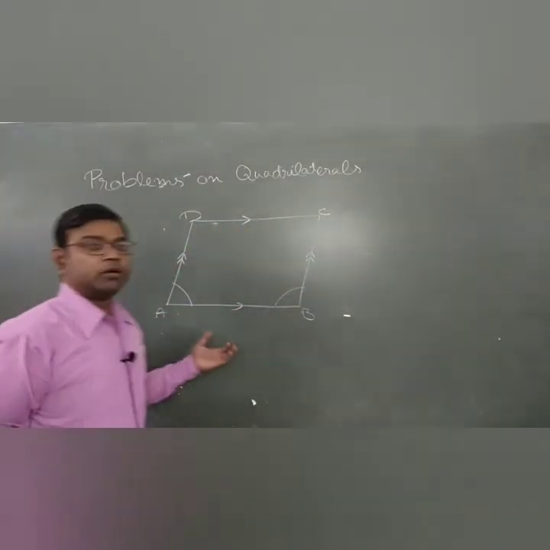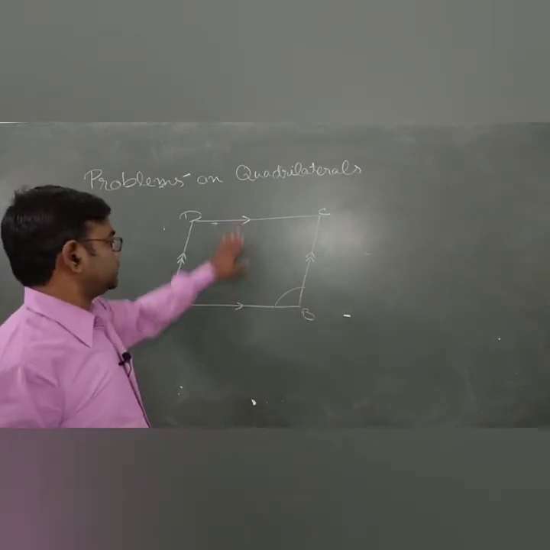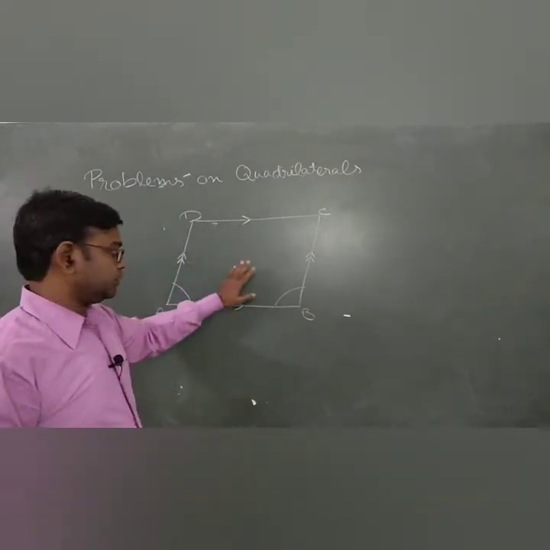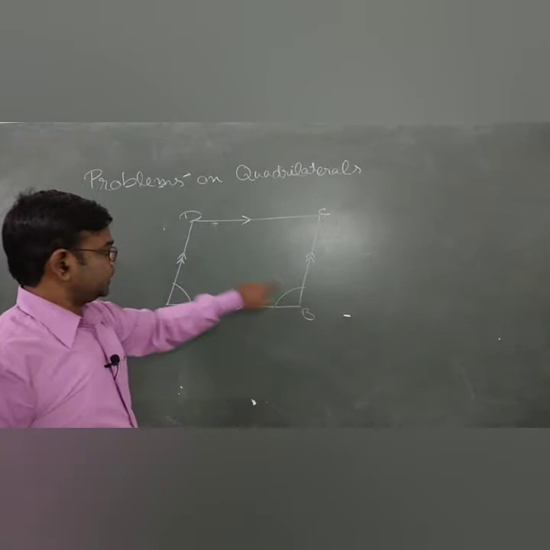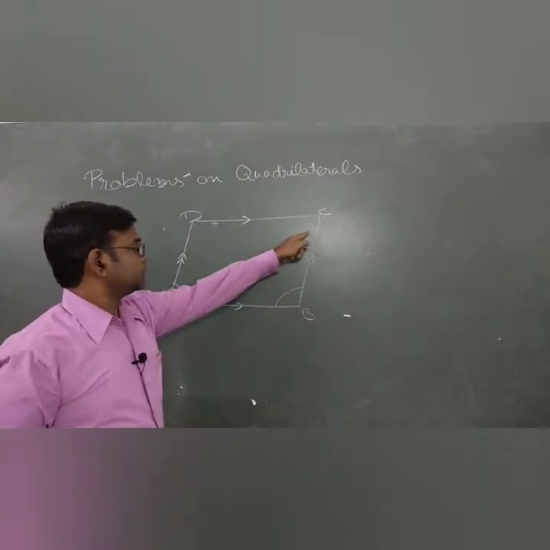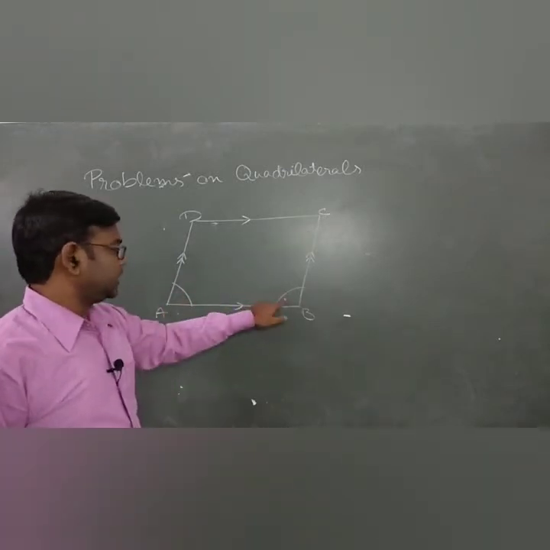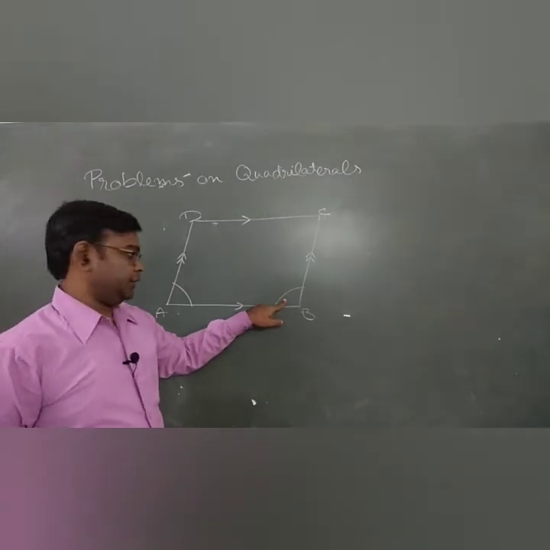From a parallelogram we must know that opposite sides are equal and parallel to each other. Opposite angles are equal to each other, and the sum of adjacent angles must be equal to 180 degrees.